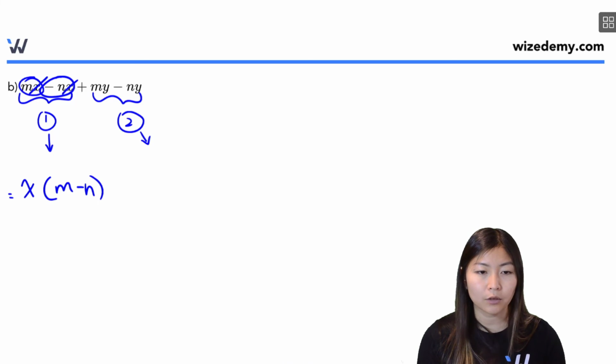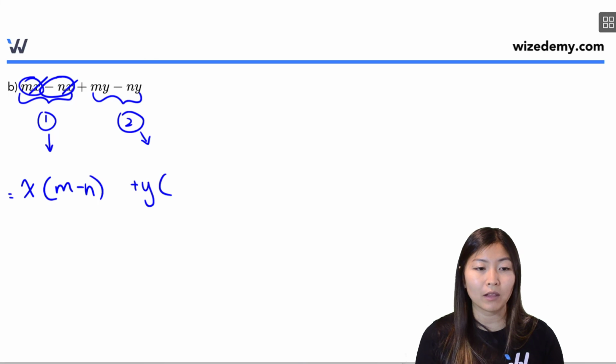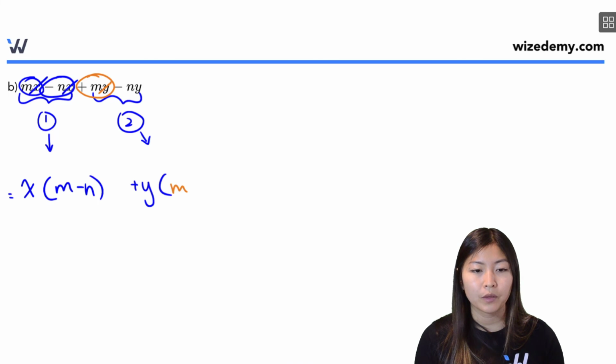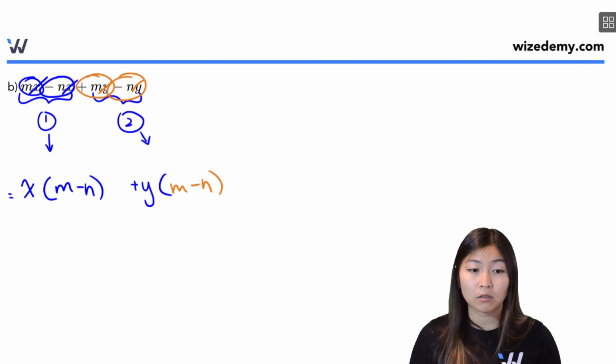The second part, second group, what do they have in common? They have a y in common, a positive y. And if I take out a positive y, what do we have left over? Well, the first one here, dividing that out, I'm just left with an m. Second one, dividing that y out, I'm left with a negative n.